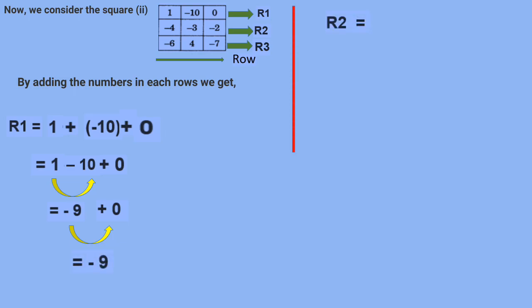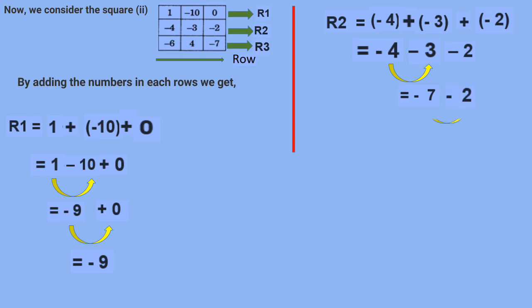Similarly for row 2, I will write all the row integers in row 2, and in the next line I will remove the brackets and solve the first 2 integers, then add the result to the last integer. So here also I got minus 9.